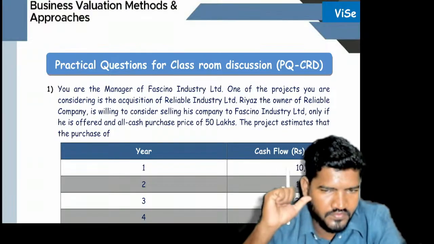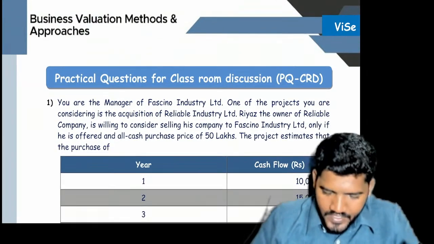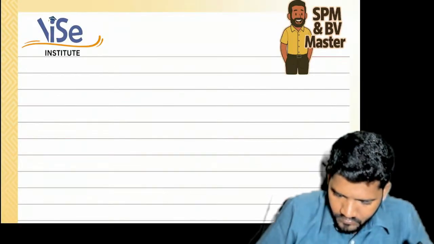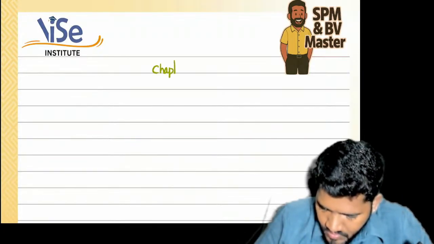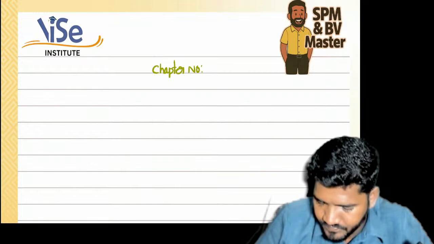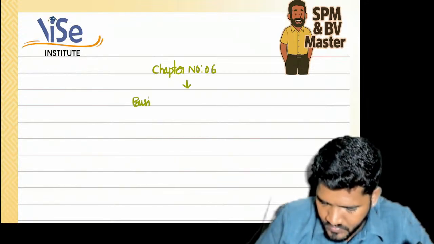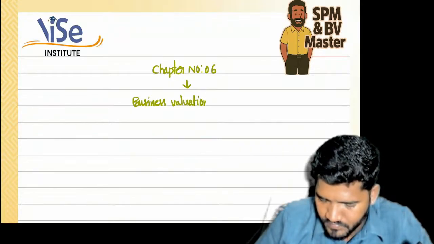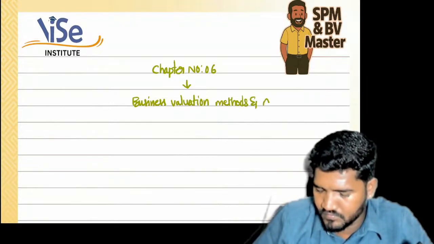Next, let us come to our next chapter, chapter number 6, Business Valuation, Methods and Approaches.